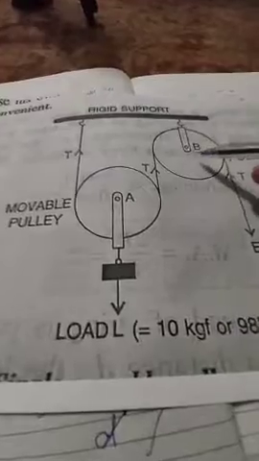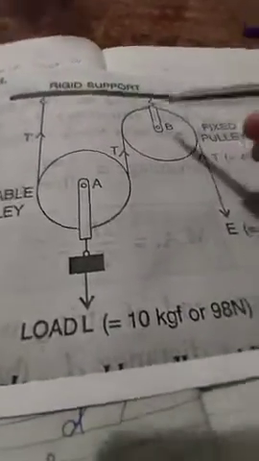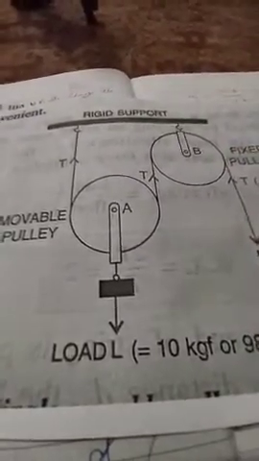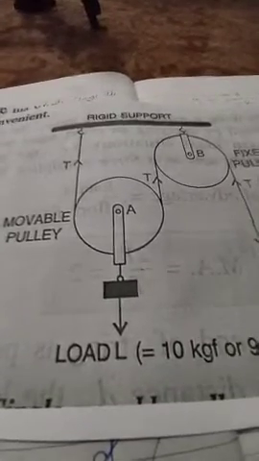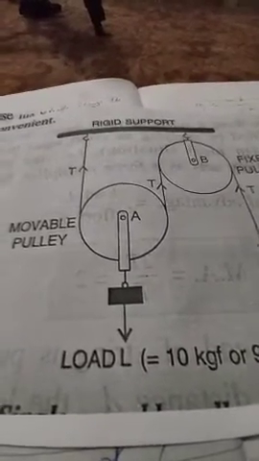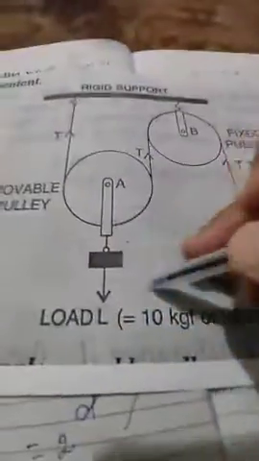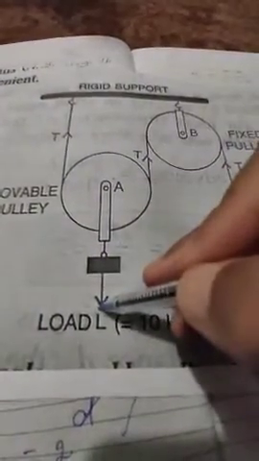So by taking these two pulleys, or more than one fixed and more than one movable pulley, we can change the direction of the effort applied. Just see to it. This is the load. It is again an ideal case. The load is acting in the vertically downward direction.